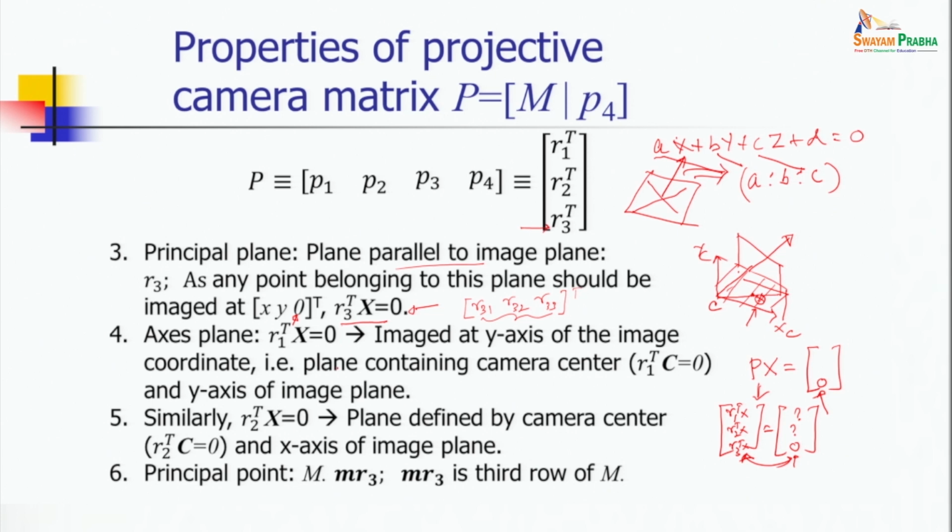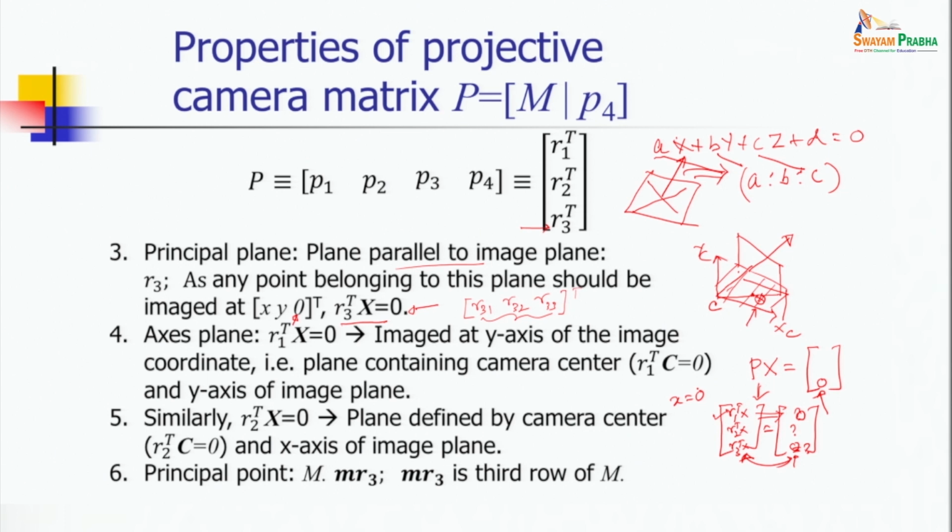Now let us go with the other planes. What happens with R1 transpose X, similar to R3 transpose? If I consider R1 transpose X equal to 0, and we don't bother about the other 2, it means the X coordinate of the image point would be 0.